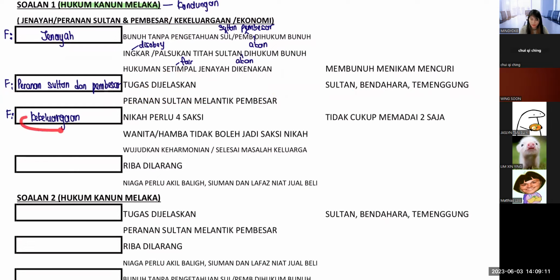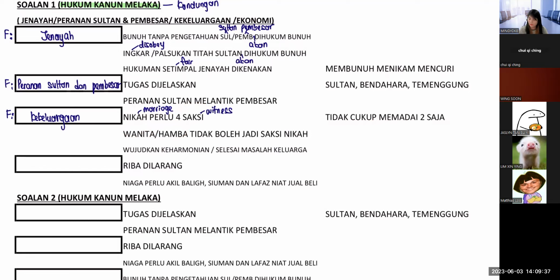According to our kekeluargaan, family law, if you get married, nikah means marriage, you need 4 witnesses. Woman or slave cannot become witness. If you do not have enough witnesses, you only need 2.